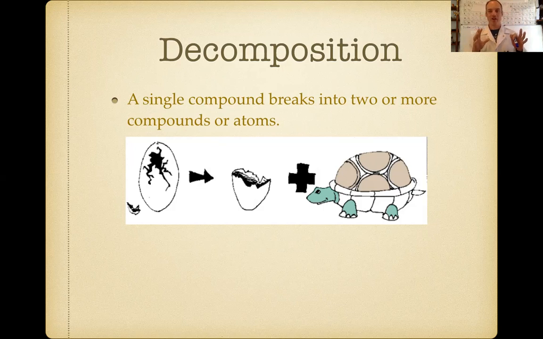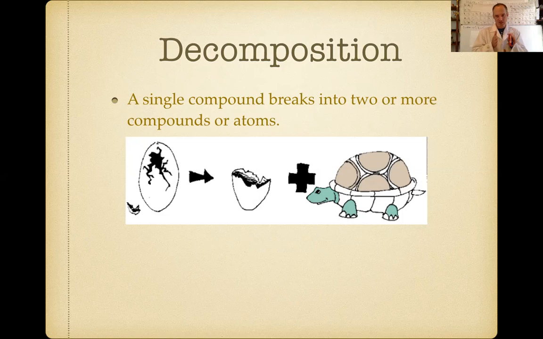You had something that was all together combined ahead of time, and then it breaks apart into two or more things. In some cases, you might end up with 3 products from a decomposition reaction. One thing breaks into 2 or 3 or 4 products. And these are often an explosion, right?